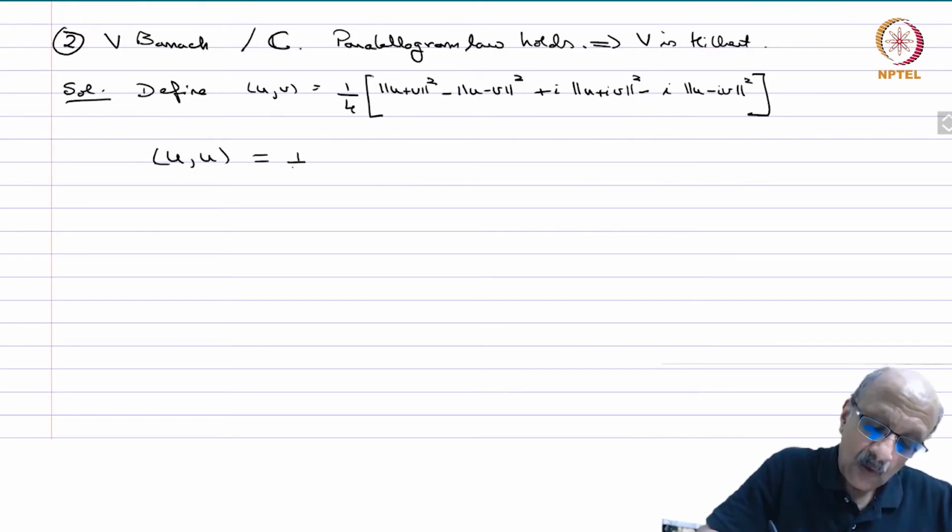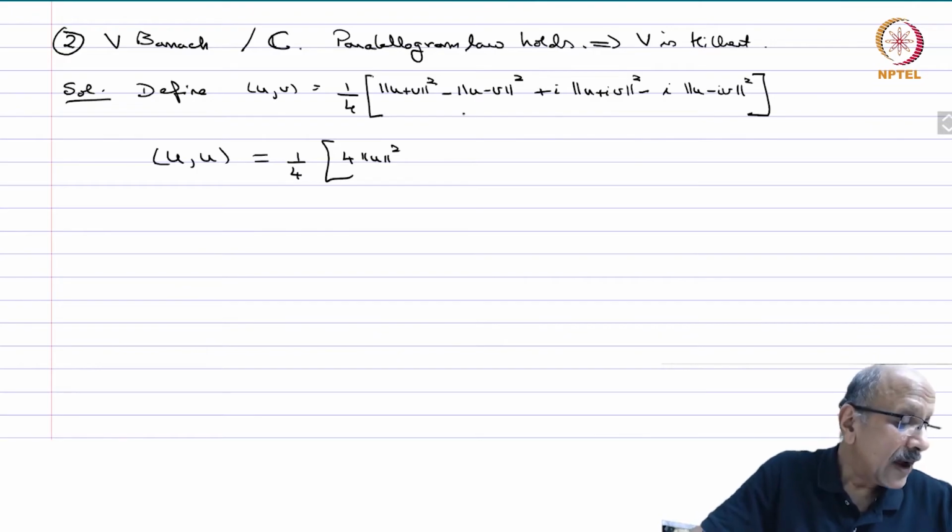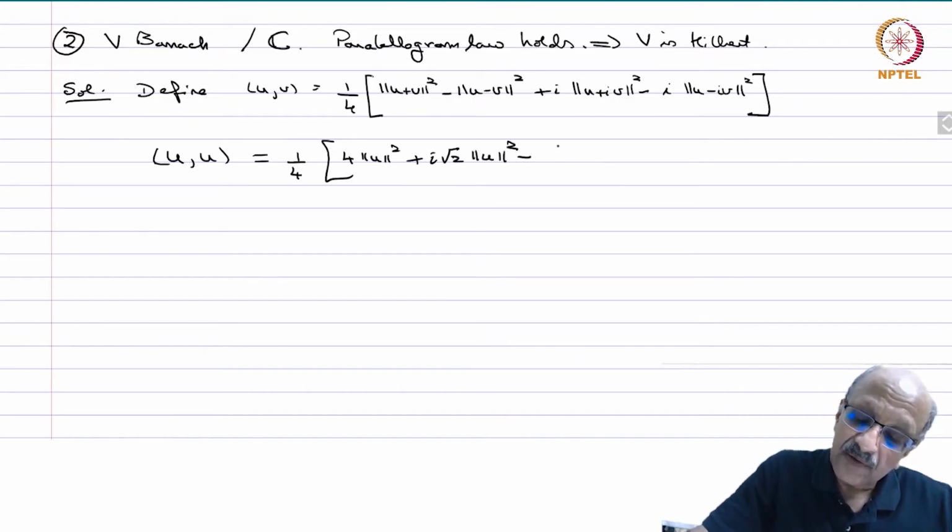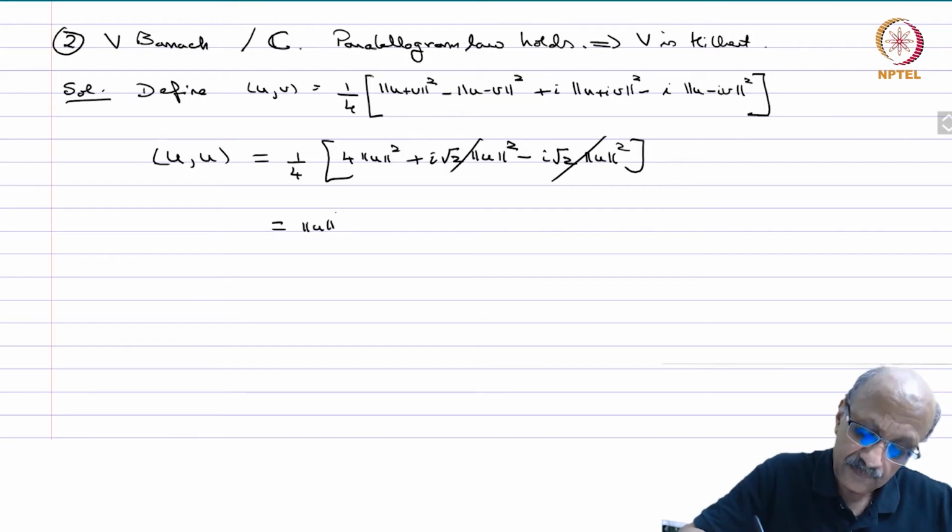So okay, if you now take (u,u), then you get 1/4 of 4 norm u squared, the second term will be 0, and then if you take u equals v, then 1 plus i will come out, the modulus of 1 plus i is √2, so plus i √2 times norm u squared minus, 1 minus i also has √2 as the modulus, so minus i √2 norm u squared, and therefore that gets cancelled, and you get norm u squared.